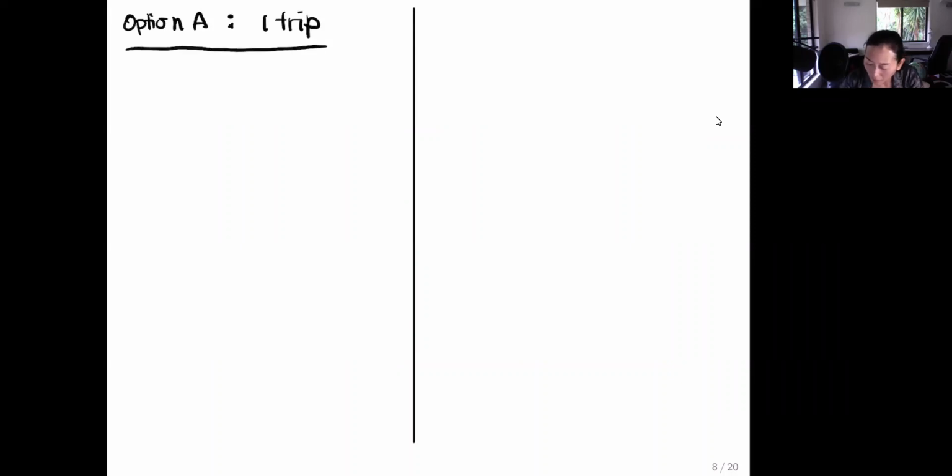So we start with option A. What I would like to do is maybe cut this in half. I call this option A, 1 trip, versus option B, 2 trips.